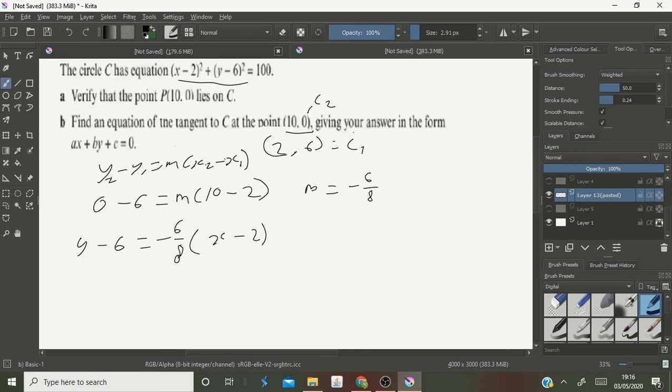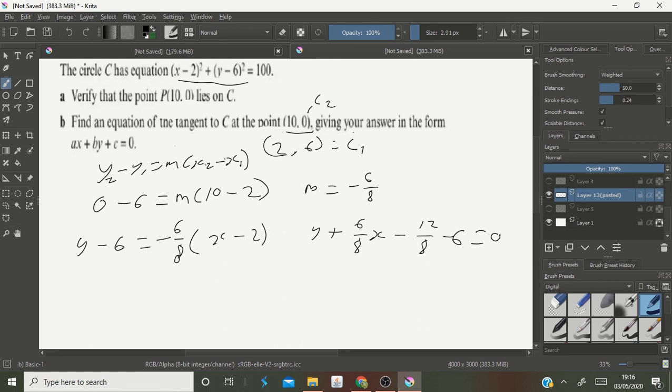We can simplify this by saying y plus 6 over 8 x minus 6 over 8 multiplied by 2, which is 12 over 8, minus 6 equals 0. That's close to the form they want it in.